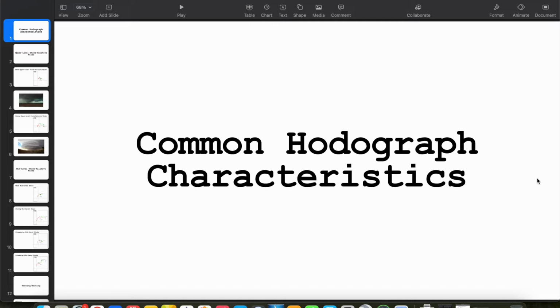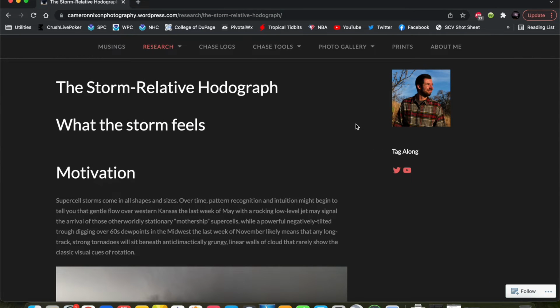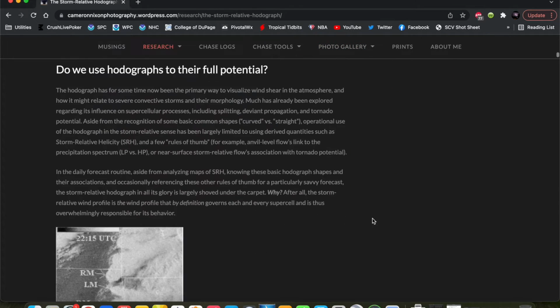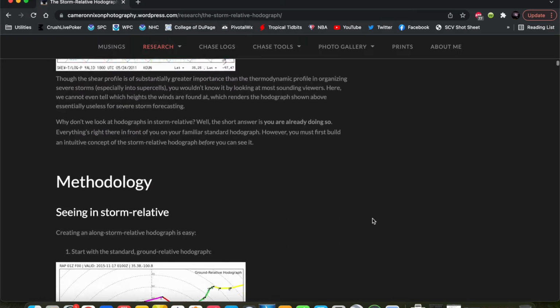So let's get started. I got a lot of this information from Cameron Nixon's incredible research article called The Storm Relative Hodograph. The link is up here at the top of the page, but this article is one of the best research articles I've ever seen on hodographs.